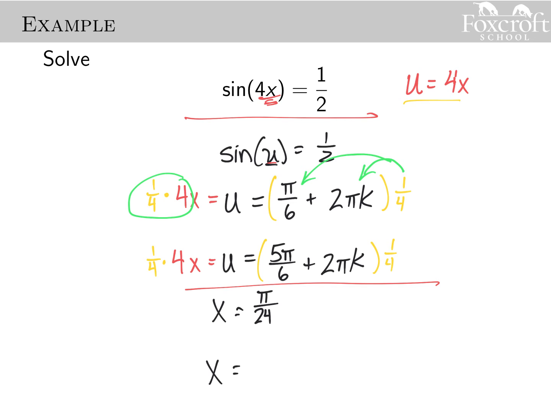For 2 pi k over 4, I'm really just focusing on the 2 part, because that is a number. 2 times 1/4 is 1/2. And the pi k is just going to stick around because it doesn't cancel out with anything. The bottom's very similar. 5 pi times 1 is 5 pi. 6 times 4 is 24. And 2 pi k divided by 4, the 2 and the 4 simplify to 1/2.